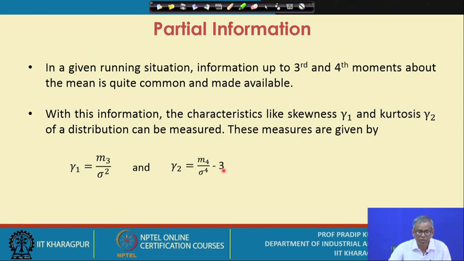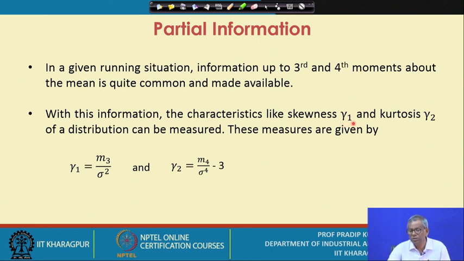Now here one point you must keep in mind: whenever you say this is the skewness gamma 1, it is essentially about whether the demand distribution is symmetric or asymmetric.